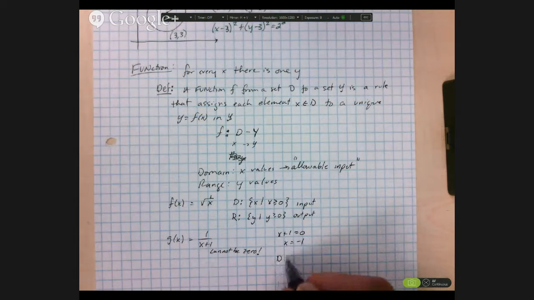So the domain is the set of x such that x is an element of the reals and x not equal to negative 1. The range is the set of y such that y cannot equal 0. You can put that y is an element of the reals and y cannot equal 0.